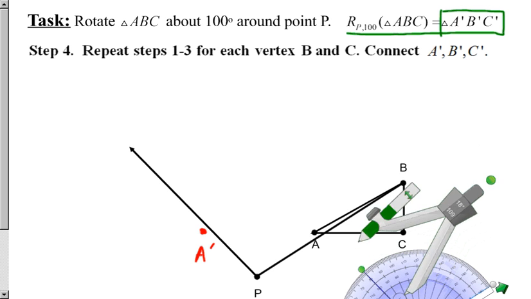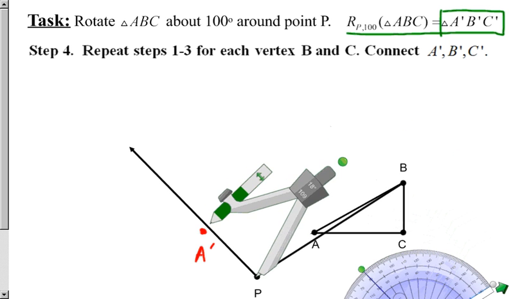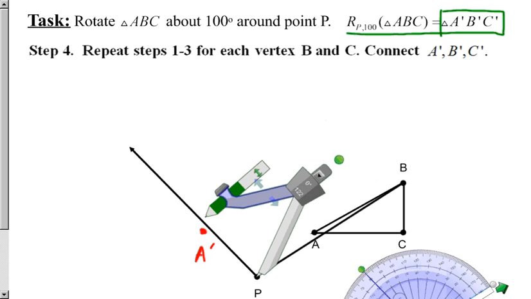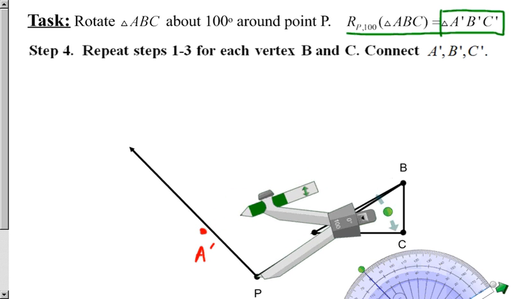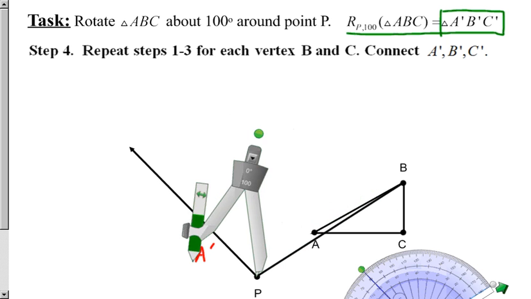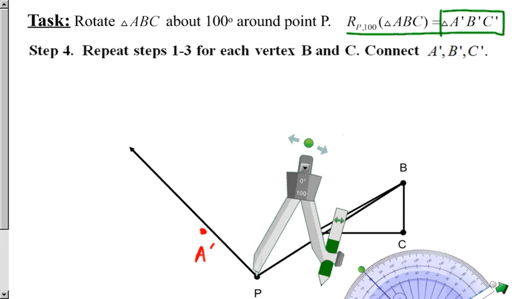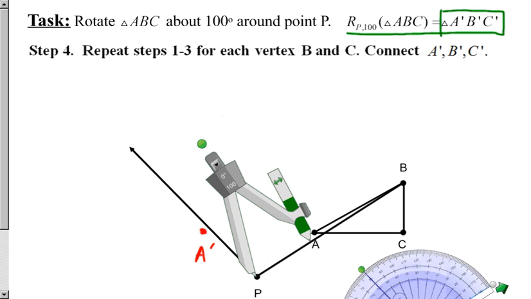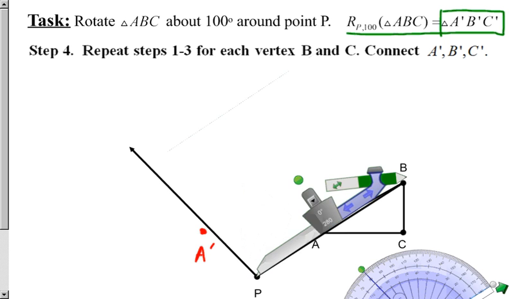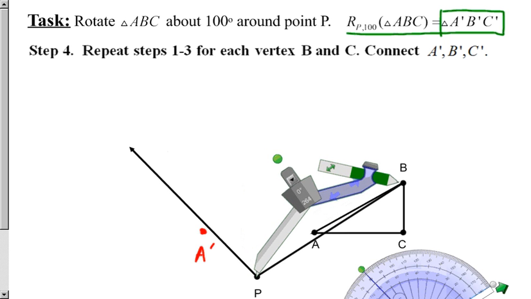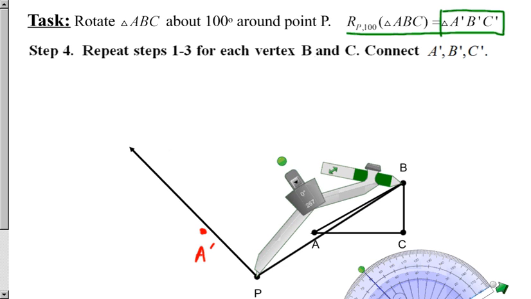So I'm going to place my compass and turn it. Let me just switch. Turn it this way and stretch. Hopefully this is long enough. Okay. That's good. So I'm copying the line segment PB onto the new line.